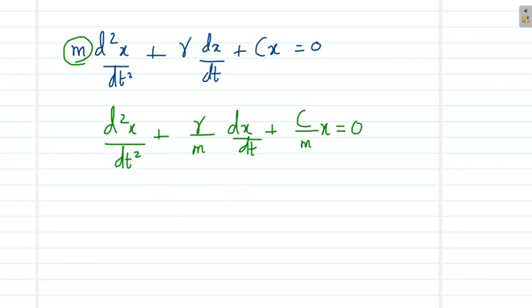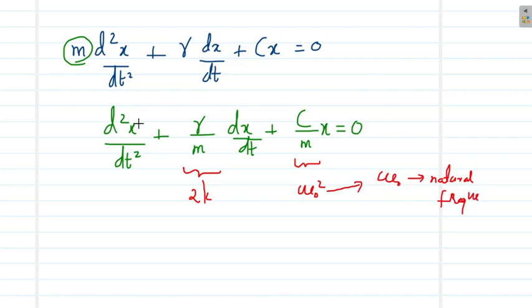So for simplicity, let me substitute gamma by m as 2k and C by m as omega 0 square, which is the natural frequency. Omega 0 is the natural frequency of the system.